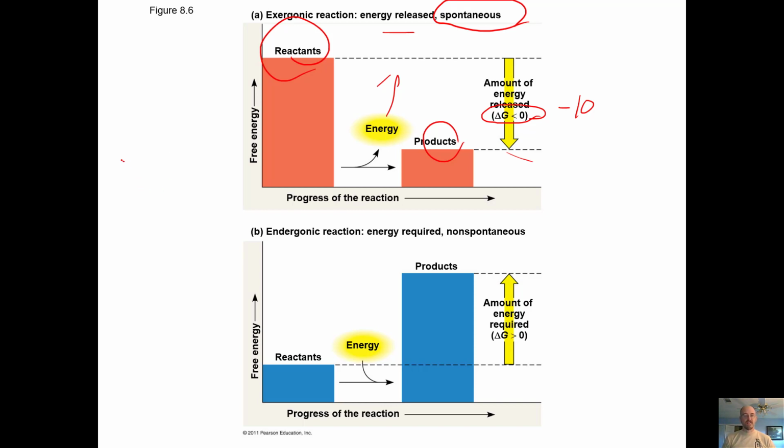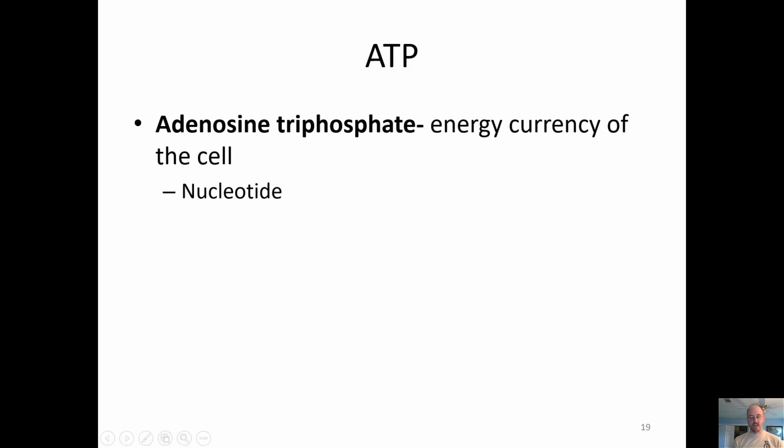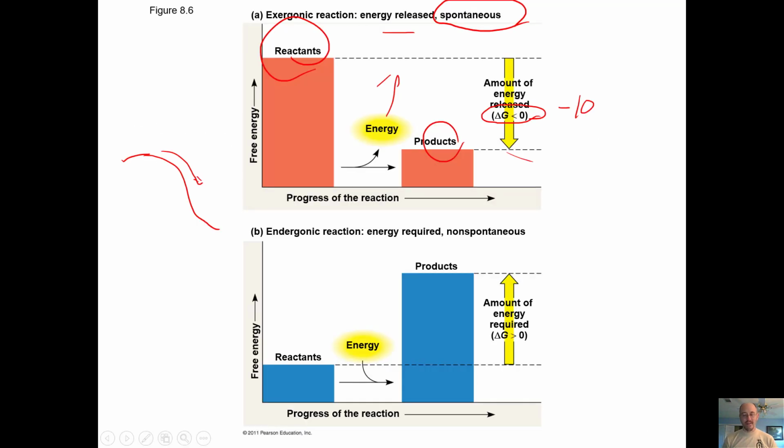Just like a car sitting on top of a hill will roll down that hill all by itself, even without the engine on. But a car will not drive up a hill without an engine on. A car going up the hill would be like this example here, an endergonic reaction. So that's when you have low energy to start with, and you end up in the product with more energy. To do that, you have to have an input of energy.